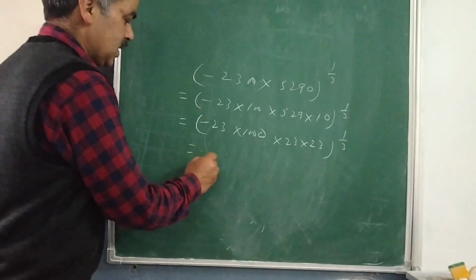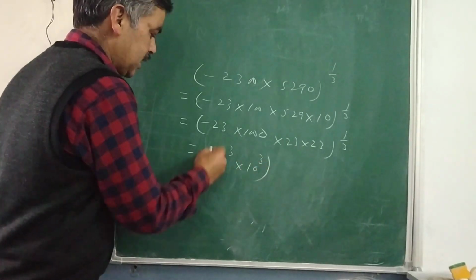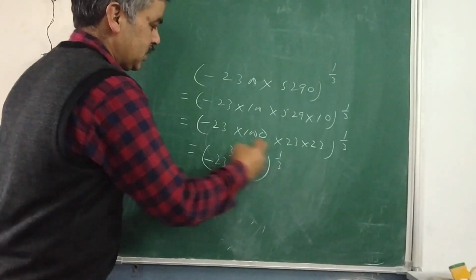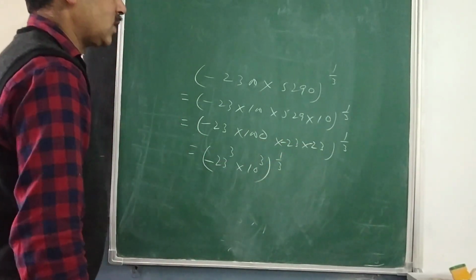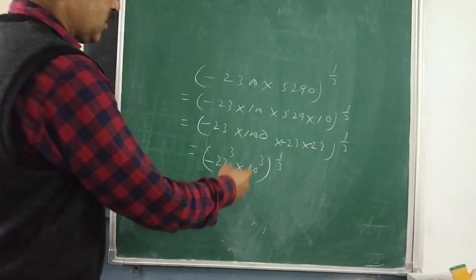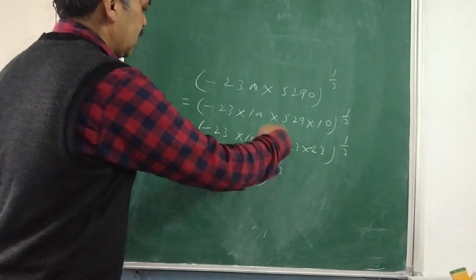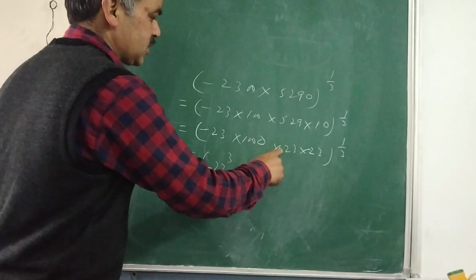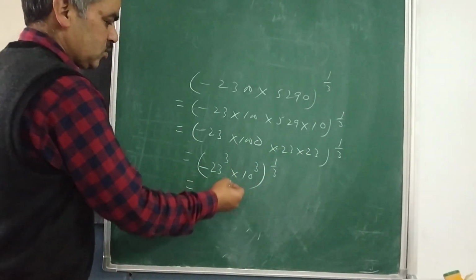So what happens? I am getting minus 23 cube and 10 cube, and the power is 1 by 3. 23 I am getting 3 times, that is with a minus sign, so minus will remain there. Only once it is there, so minus into plus is minus, and again into plus will remain minus. And 1000 itself is there, the cube of 10.